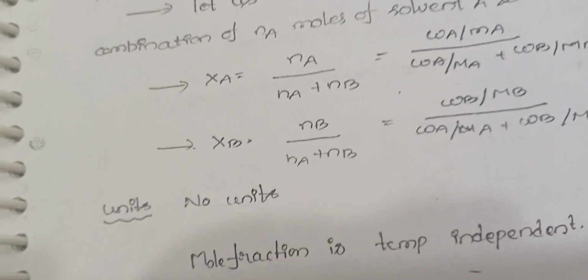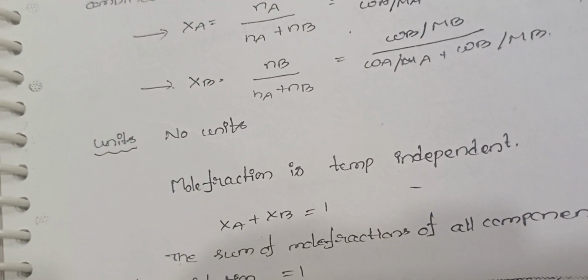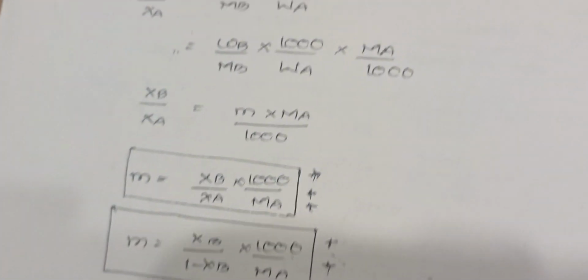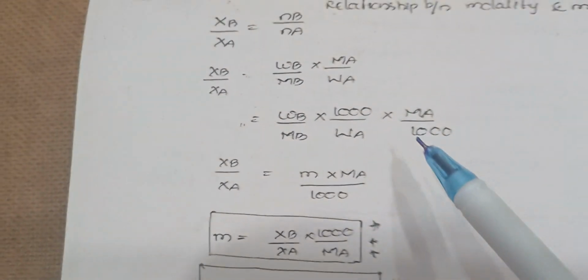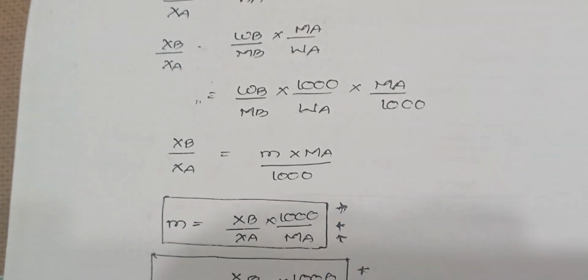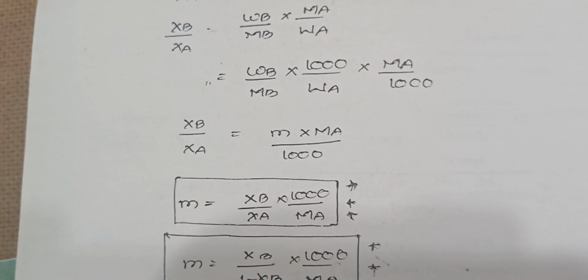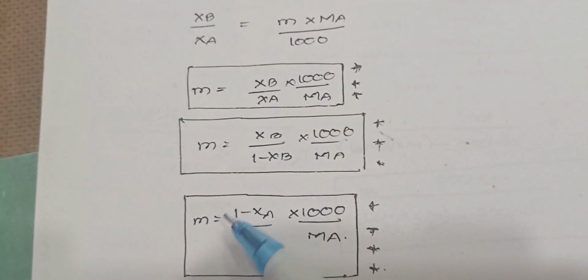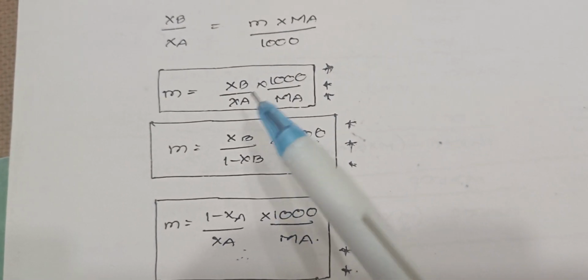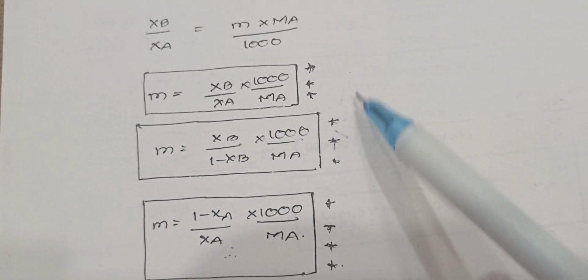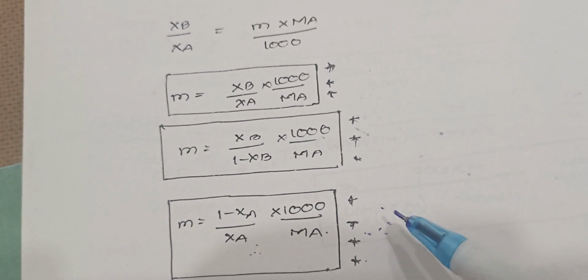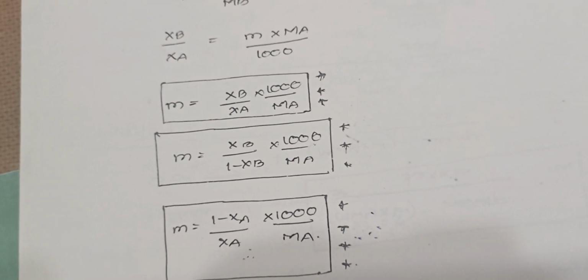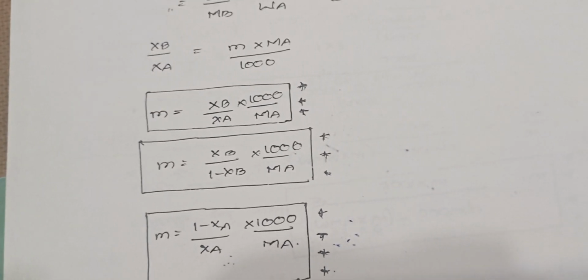So mole fraction, this we will be knowing. This is simple only, but here you have to focus mainly on here. Now the relation between molarity and mole fraction, molality and mole fraction. So like these three you have to remember. Very, very important. So you have to focus on these, right?